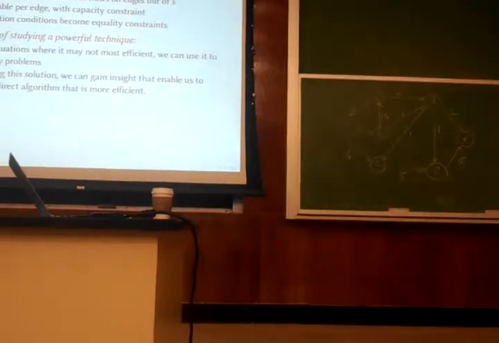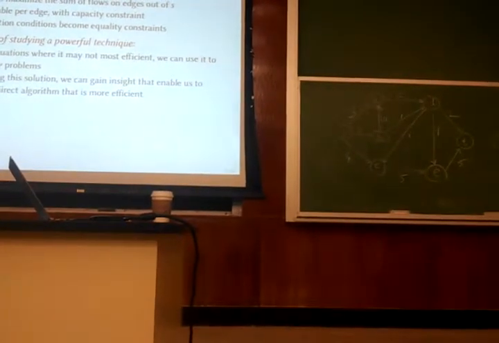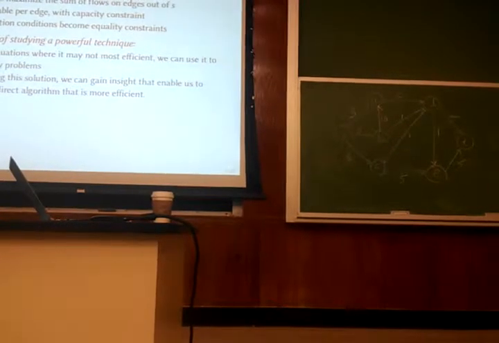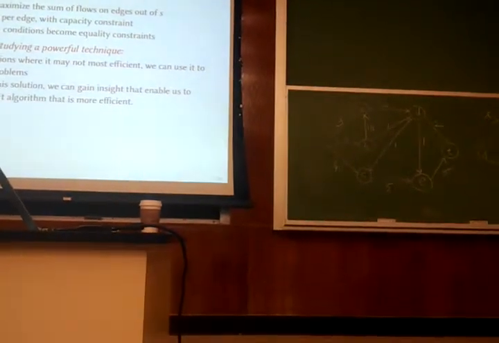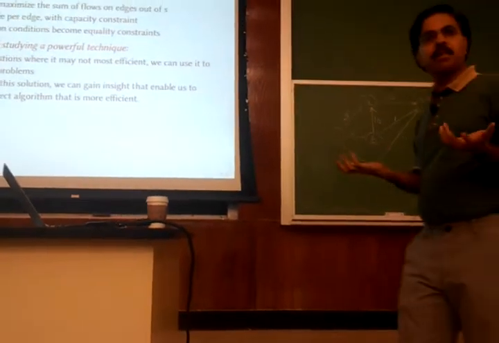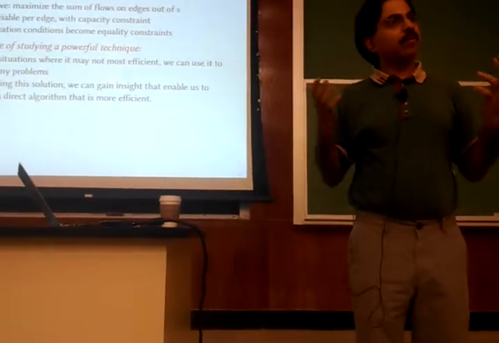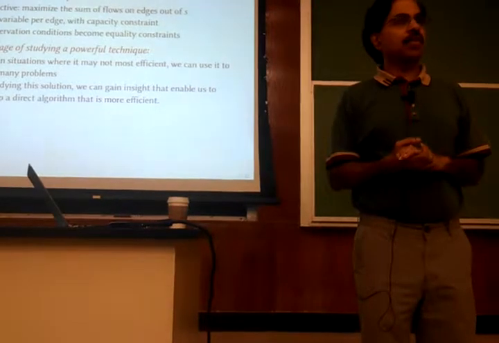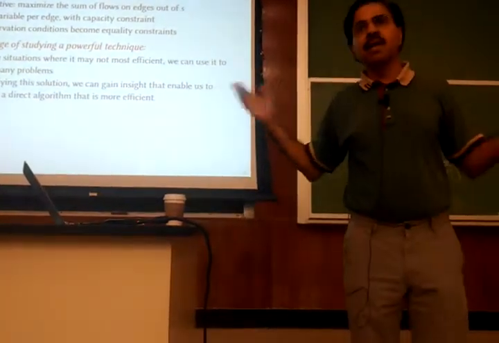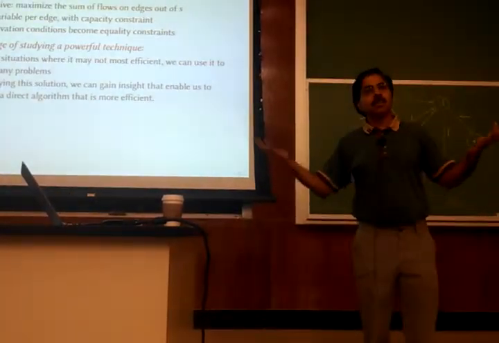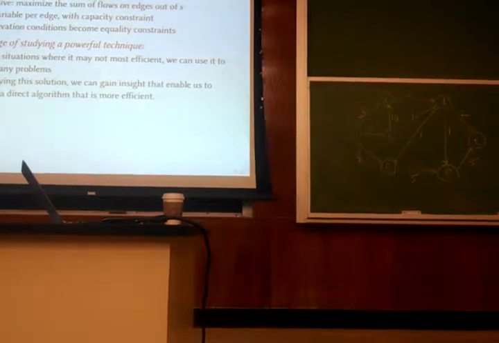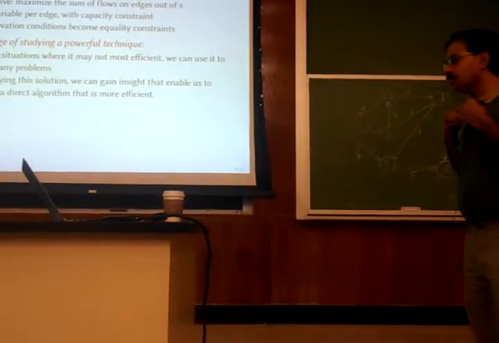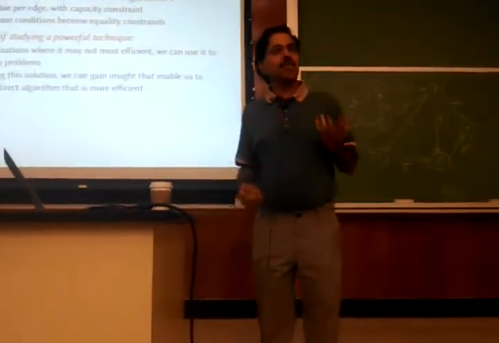The reason we study powerful algorithms is because they allow us to solve a wide range of problems. But the downside of using a very powerful technique is that very often it may not be that efficient. It can solve a very general class of problems, but it doesn't solve them efficiently.